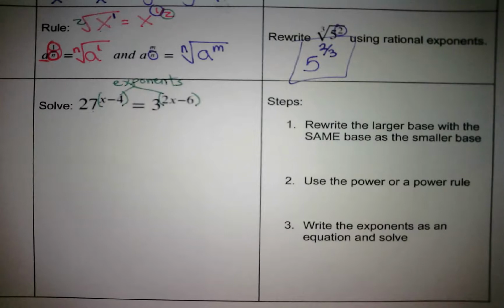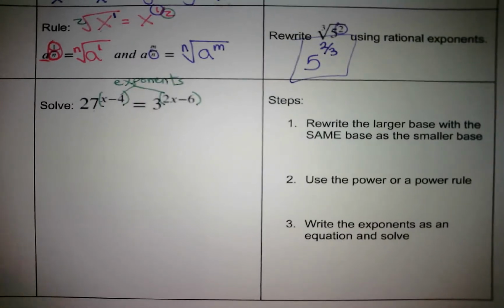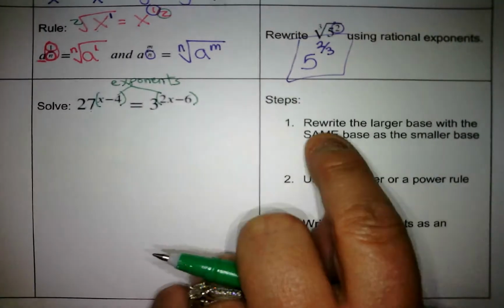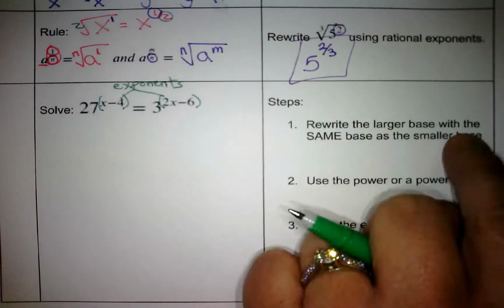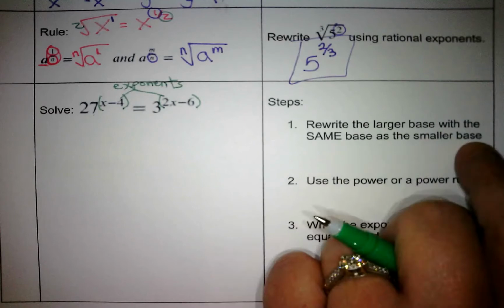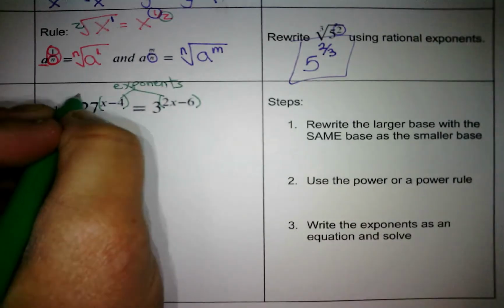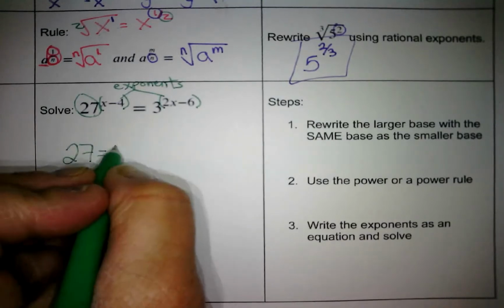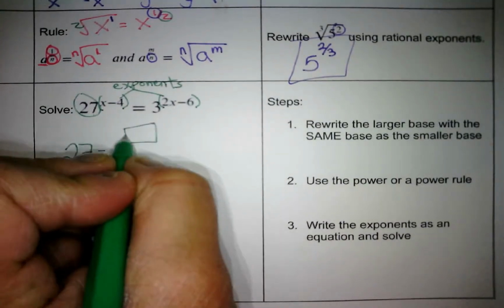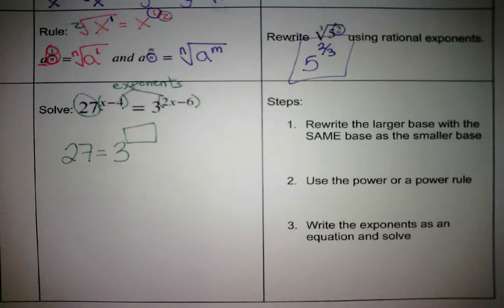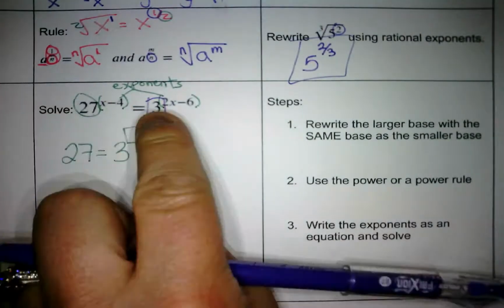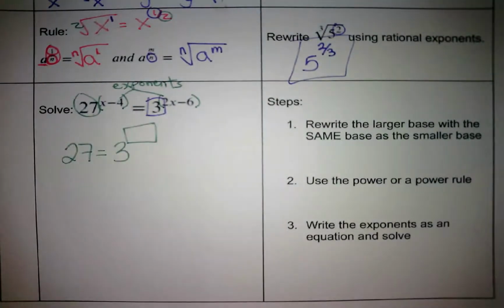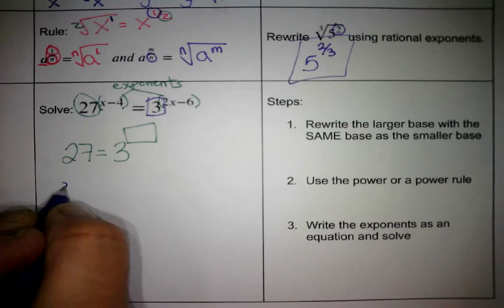So now I'm going to rewrite the larger base with the same base as the smaller one. I have my 27 here, and I need it to be 3 to some power because it has to match my smaller base. 3 times 3 is 9. 3 times 3 times 3 is 27.